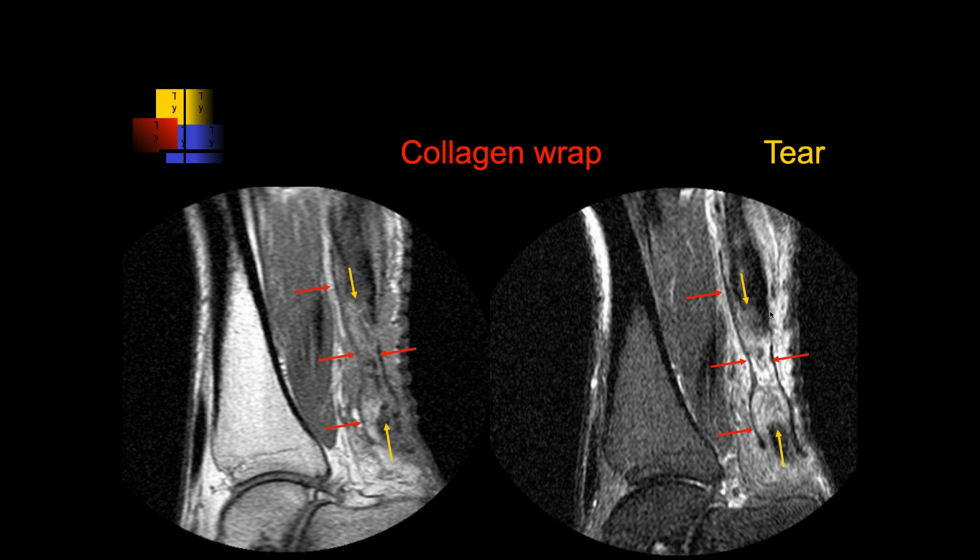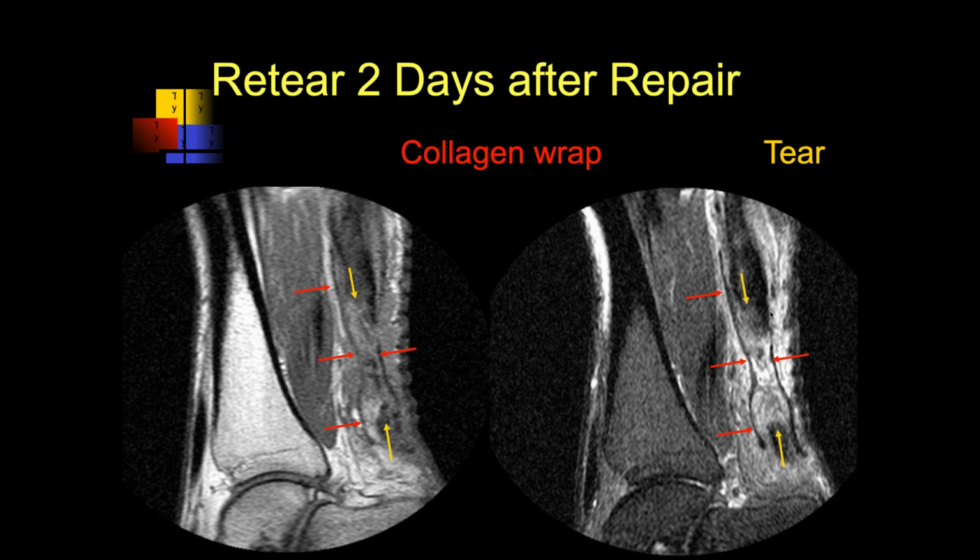Usually we don't use anything around the tendon. So this is 2 days after the repair when the patient fell down the stairs, and this was a retear. It's a collagen wrap. I'm not sure it is all that helpful. I don't remember whether this was allograft or plantaris.